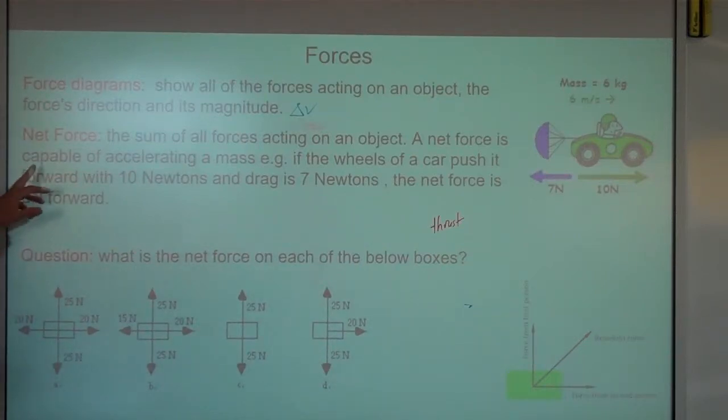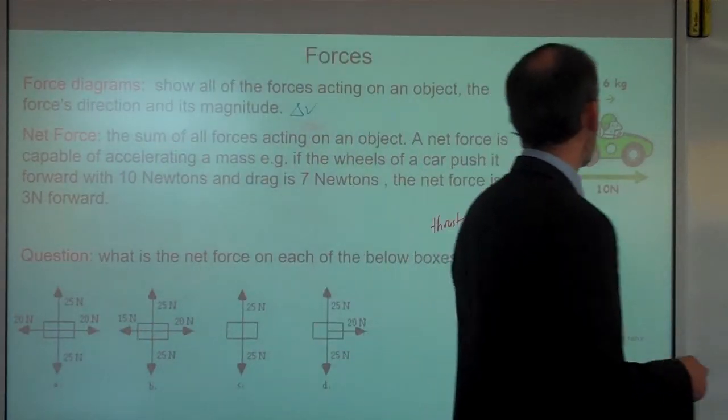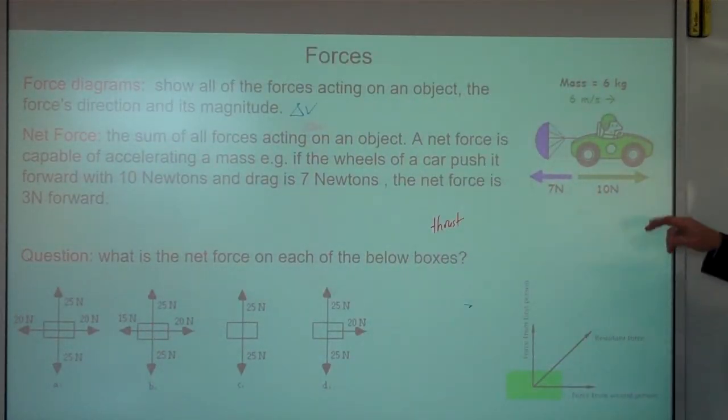Net force is capable of accelerating a mass. If the wheels of the car push it forward with 10 newtons and drag is 7 newtons, the net force is 3 newtons forward. We should include a direction. You can see the little car over here. We have 10 newtons to the right.